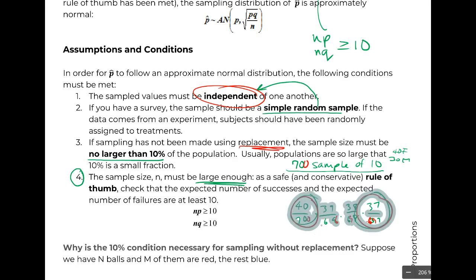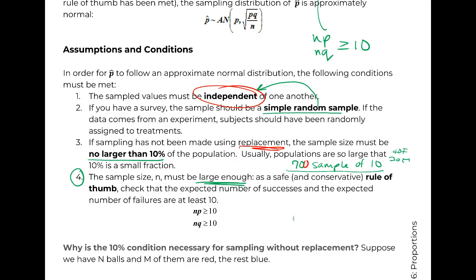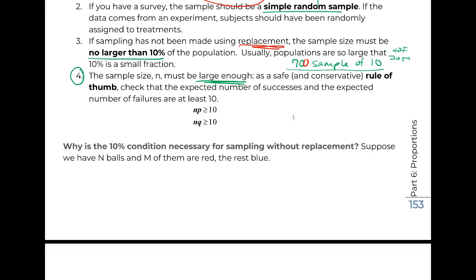So I know it's a bit of an oxymoron to say we need a sample big enough that we have this normality. We need np and nq to be greater than or equal to 10, but we also need it to be small relative to our population. Sort of seems counterintuitive to say we want it to be small relative to our population, but the reasoning is that we don't want to deal with those weird denominators that we need to be changing.